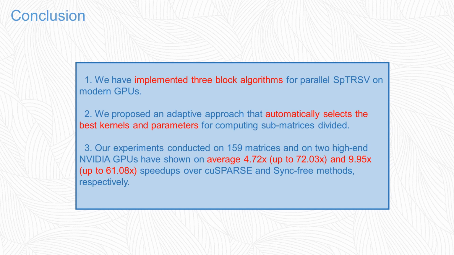Our experiments conducted on 159 matrices and on 2 high-end NVIDIA GPUs have shown an average 4.72x up to 72.03x and 9.95x up to 61.08x speedups over cuSPARSE and sync-free methods respectively.